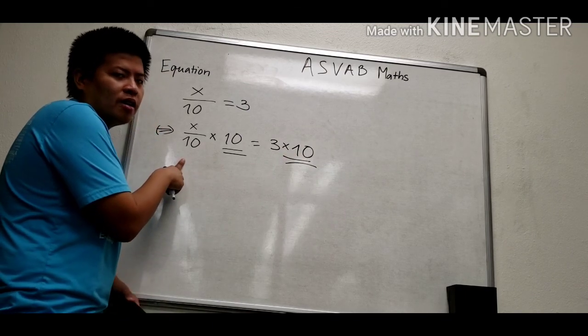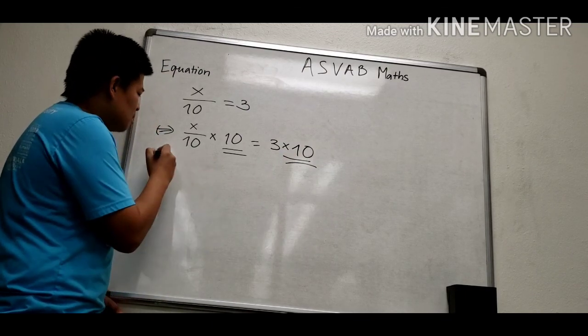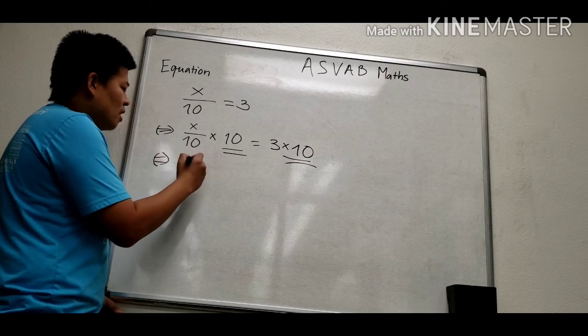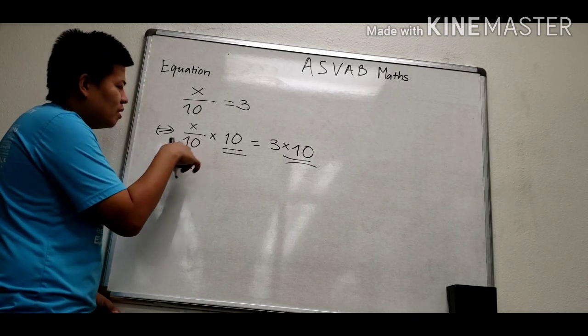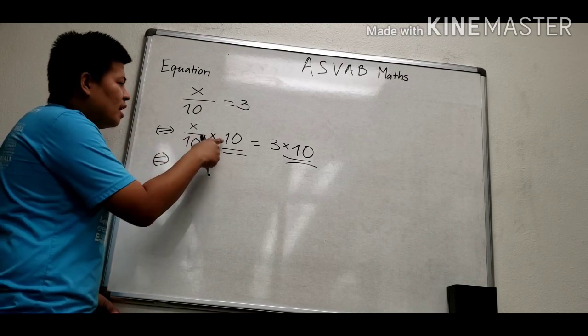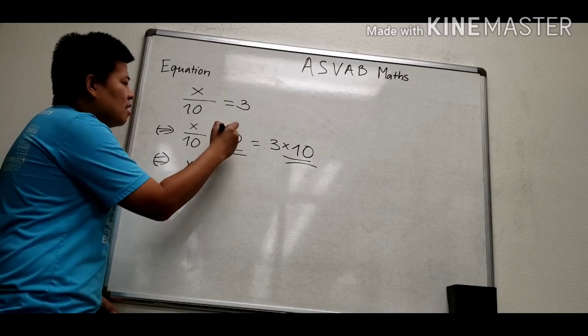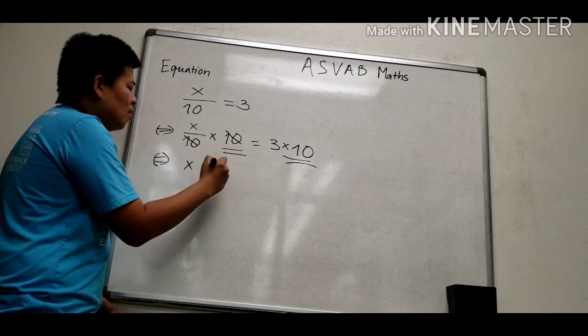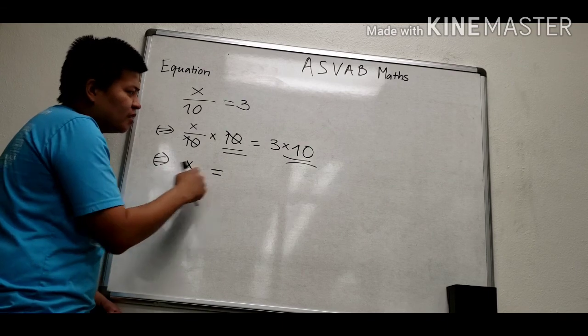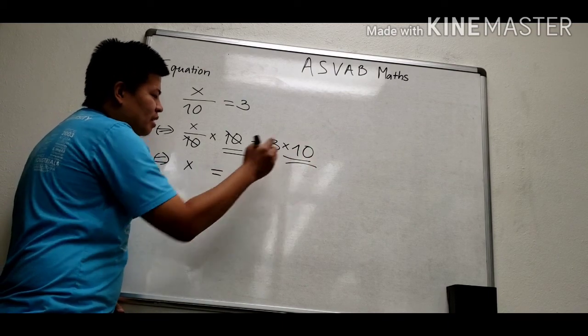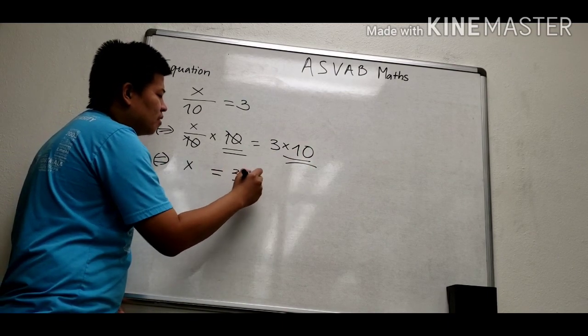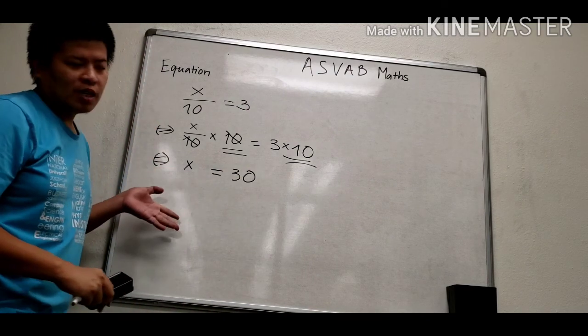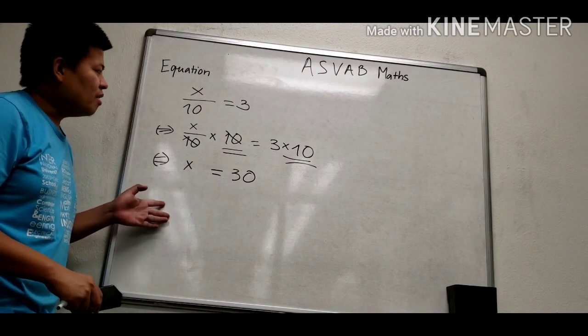That's it for division only. So that is 10 in the denominator and number 10 in the numerator. They will eliminate. So we got s only. We have 3 multiplied with 10 is 30. That's a good way to learn about division.